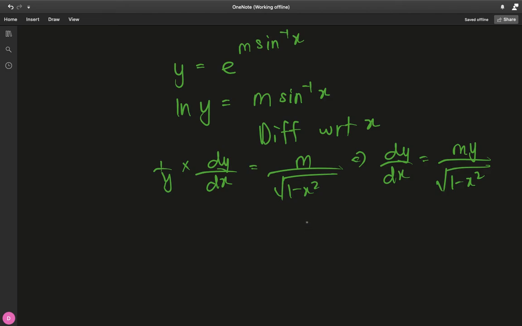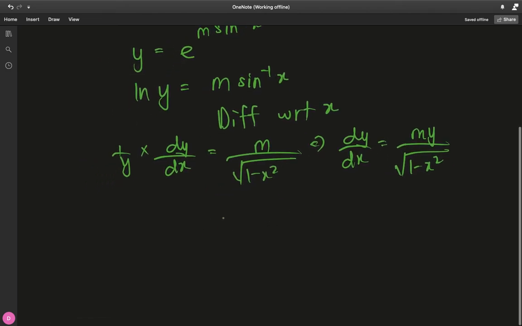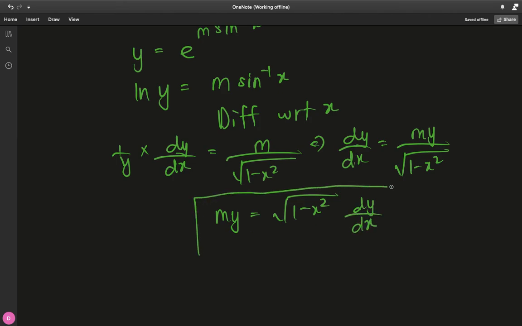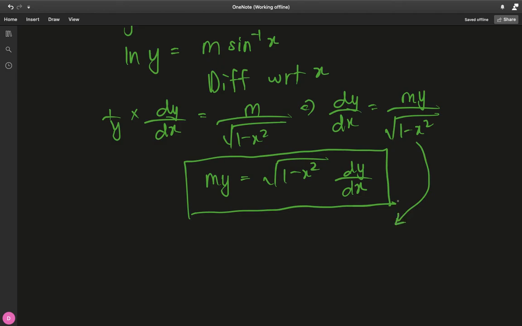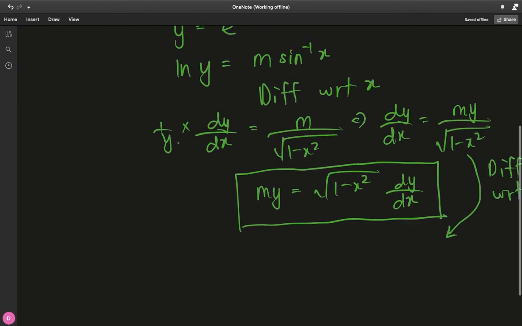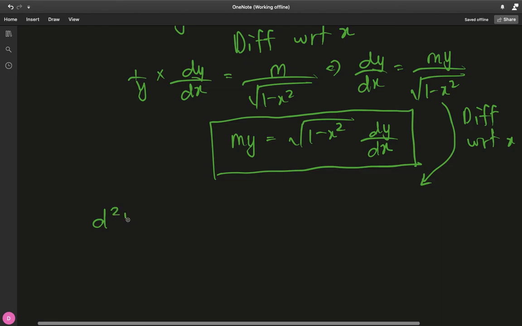And it's actually worth remembering that my is equal to square root of 1 minus x squared times dy over dx. So just remember this fact, it will be helpful later. Okay, now what we are going to do is differentiate again with respect to x, because we have a second order derivative too. So we'll have d2y over dx squared is equal to m, which can be taken out.